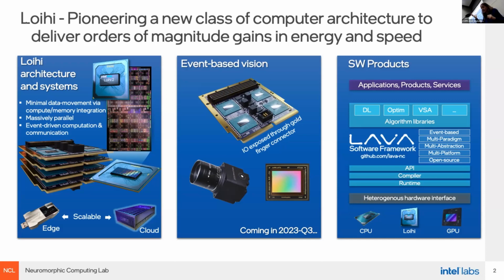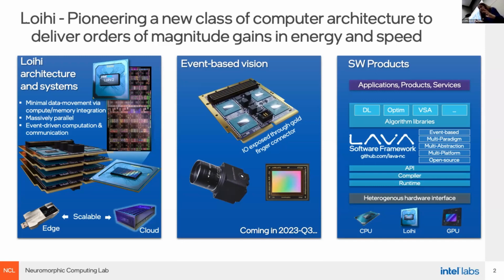This device is now part of the event-based family, and we are working on event-based vision applications that Loihi will support in the near future. That's shown in the second pane. We have input-output exposed through Goldfinger connectors that will allow you to use the Loihi system for low latency applications. We're also working on tight integration between event-based cameras and the Loihi chip.